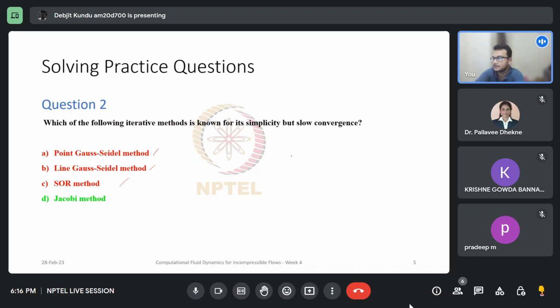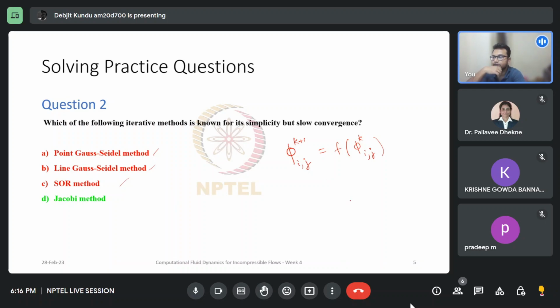Why? Because we figured out the values at the k plus 1th iteration, or the current iteration, or you can say the new value of phi, entirely in terms of the values of the quantities at the kth iteration, the previous iteration.